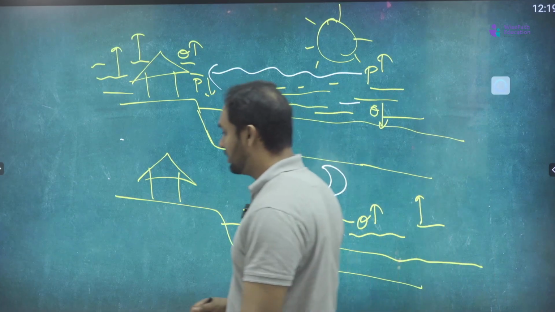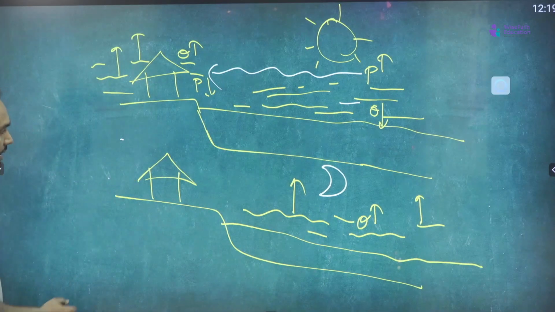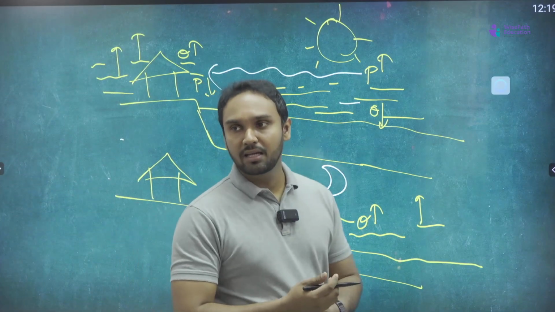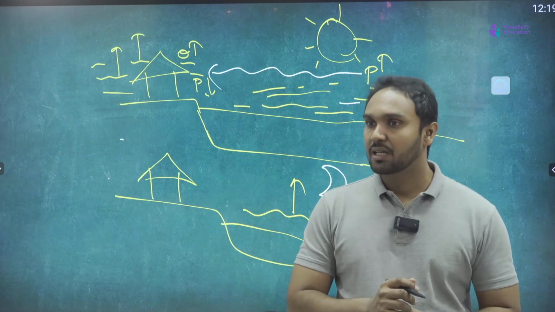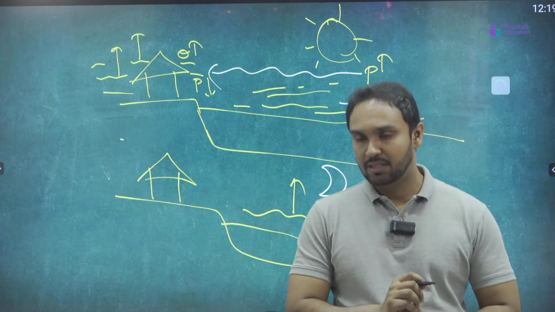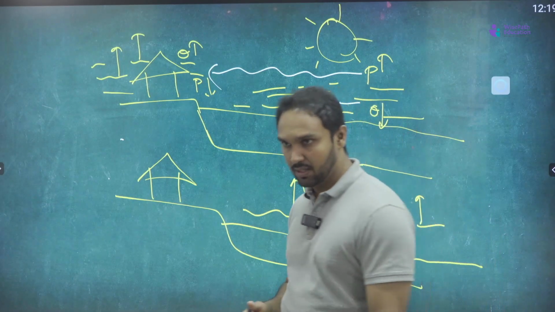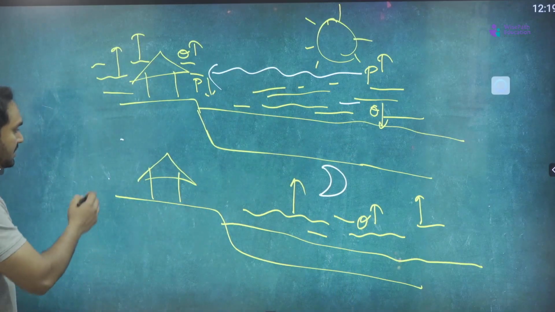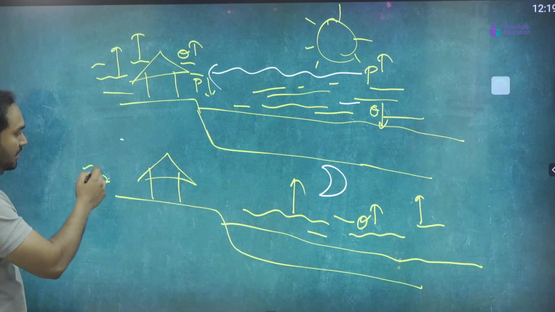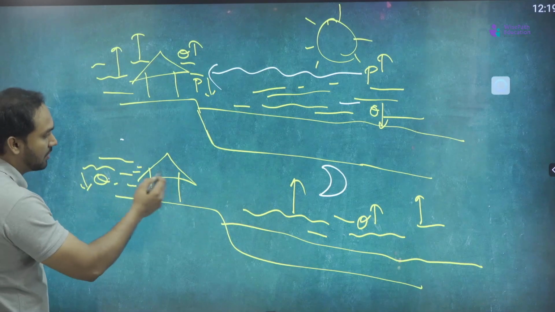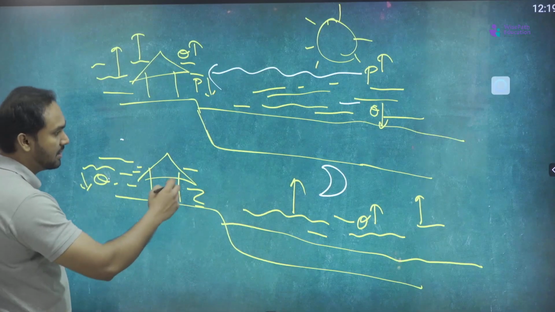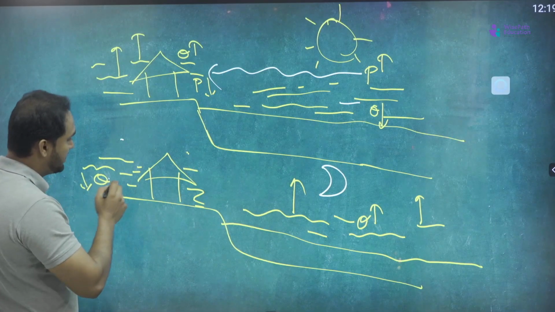And relatively the ground, what happens here? In the ground, the temperature rises really fast and decreases really fast as well, because it can't contain much heat. So its temperature is really low relatively, so the air doesn't expand much. So there is more air in the ground, which means high pressure, isn't it?